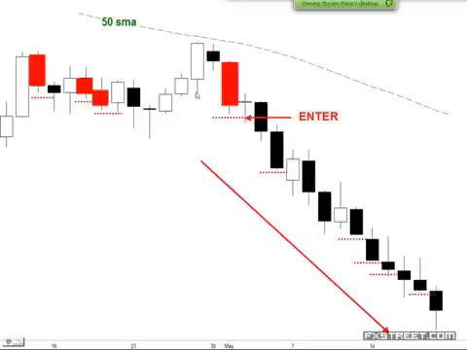If you took the bottom to the top, divided that range, however many pips that is, by 4, then see if you close in the top 25%, which we did here. But the only reason we don't care about this is because we're below the 50-period simple moving average. Okay? Makes sense?